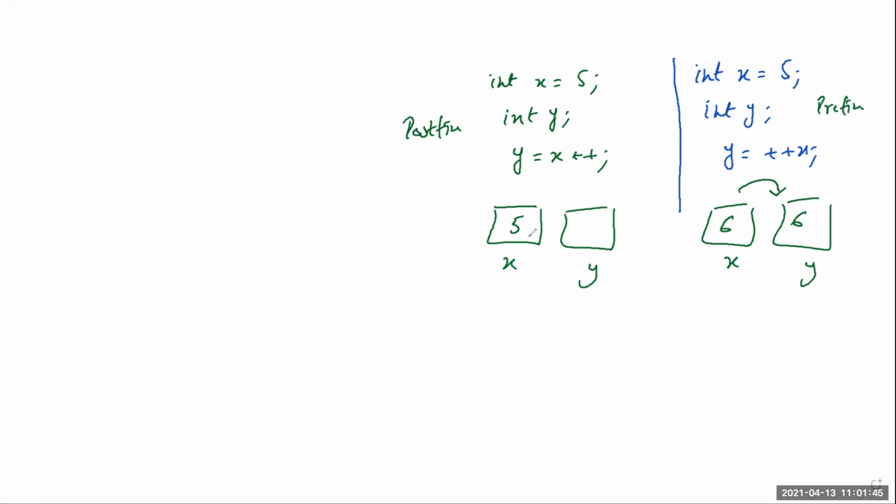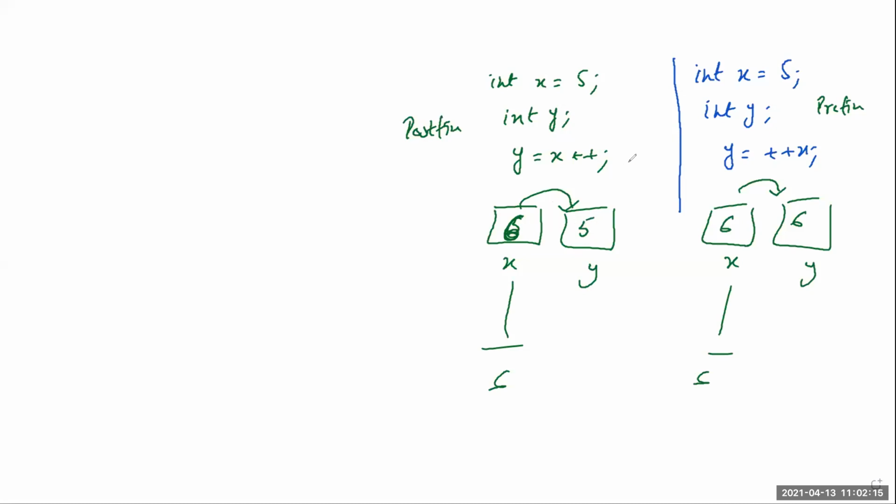On the other hand, when you write this operator after the variable, this is postfix. Post means after, so that's why it is postfix. Pre means before, so it is prefix notation. In this case, if you write x++, the previous or original value of x is copied, meaning y will get the value 5, and then x will be incremented and become 6. So in both cases there is no difference in x. X is 6 in both cases, but y in the prefix version gets the updated value, and in the postfix version y gets the original value before you increment.